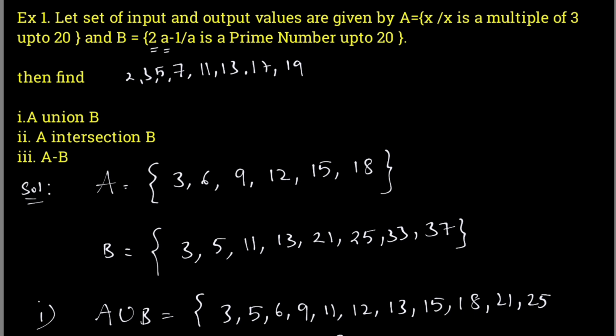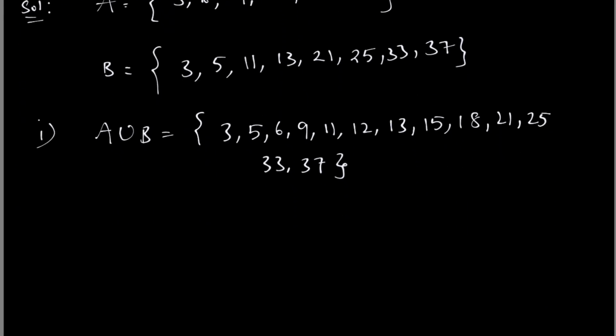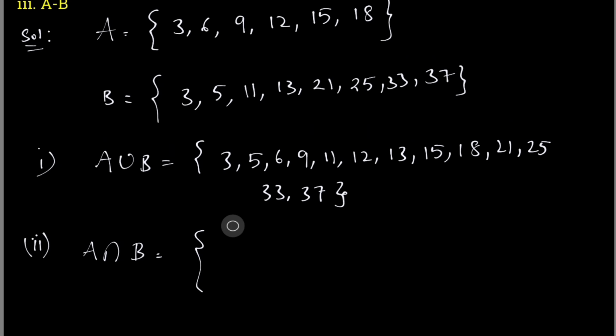That's the first one. And the second one comes out to be A intersection B. A intersection B means I have to consider only the common values. What are those common values? 3 is the only common value for set A and set B.